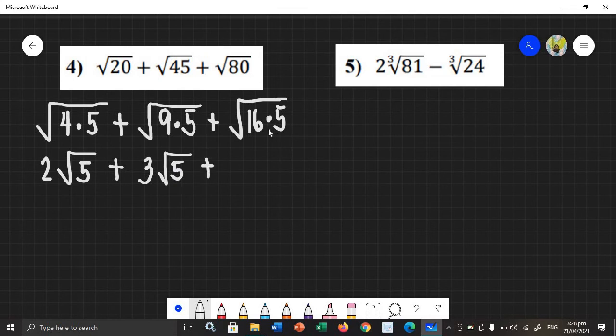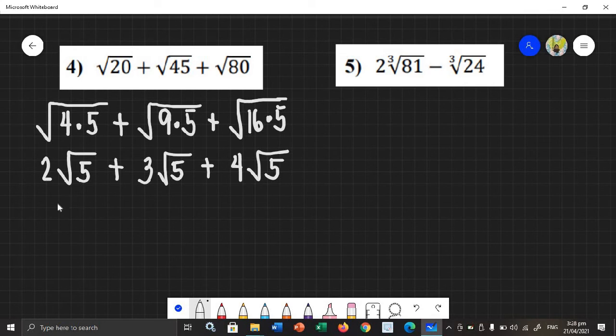Then, plus, square root of 16 is 4. And then, sulat natin ulit si square root of 5. Kung napansin nyo, right after simplifying this given, they became similar radicals. No? Naging square root of 5, lahat nung radicals nila. Therefore, we can find their sum.